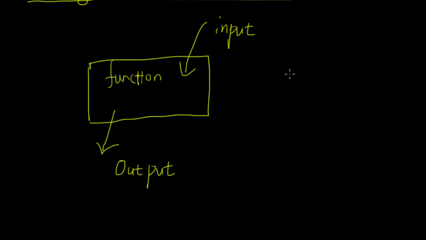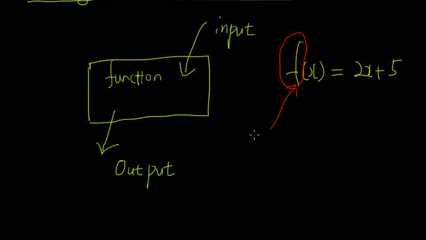We've seen a lot of f of x equals something. For example, 2x plus 5. What does that really mean? This f is the function name. Sometimes you have f of x, sometimes g of x, sometimes h of x, or w of x.